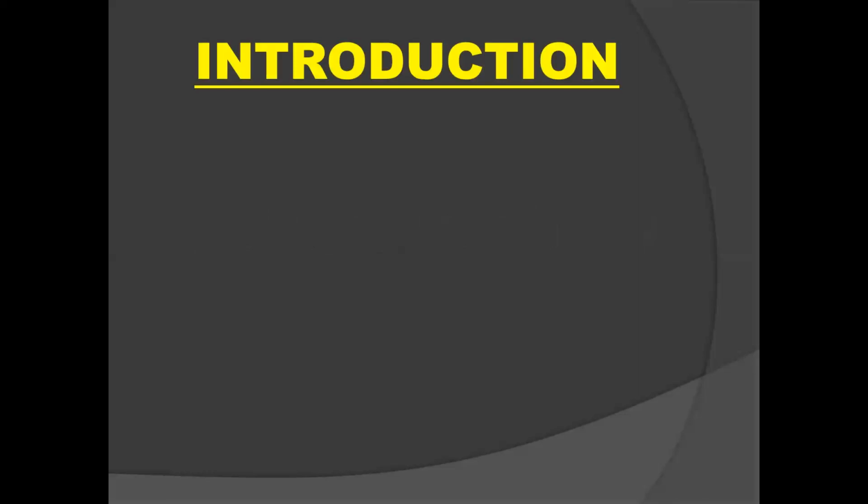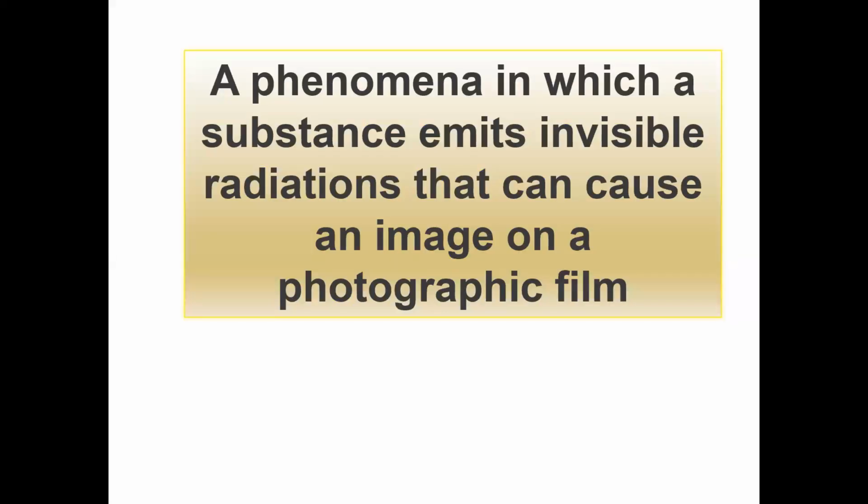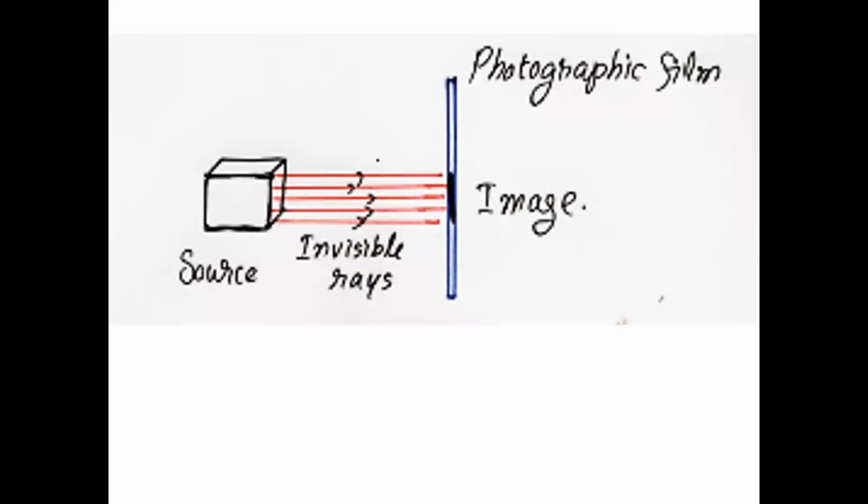I'm putting the introduction here. Radioactivity is a phenomenon. It was a natural phenomenon, and it was discovered by chance that there are some materials, some sources in our world which are able to emit invisible rays, and these rays are able to produce an image on a photographic film.